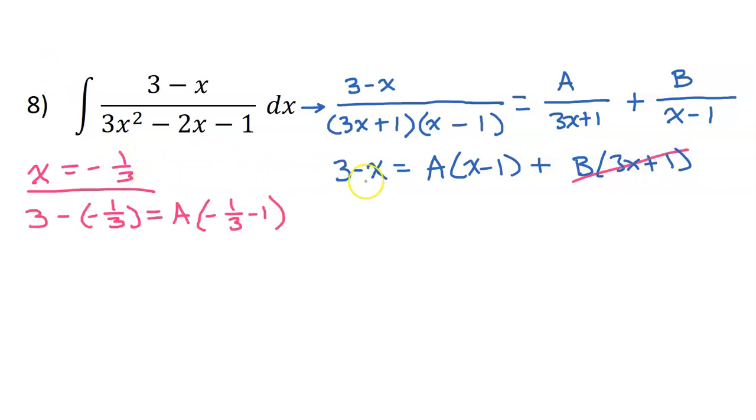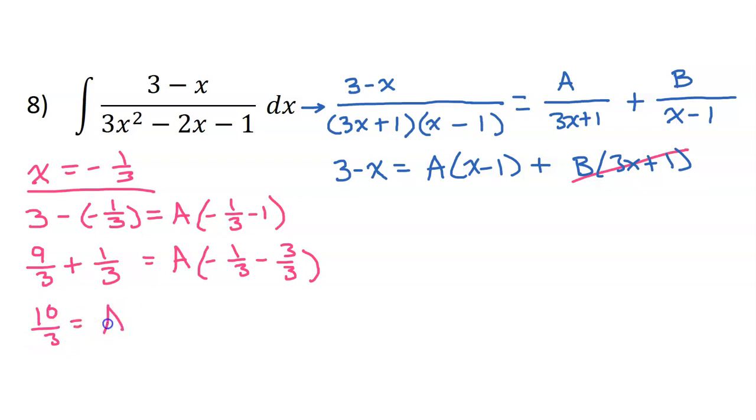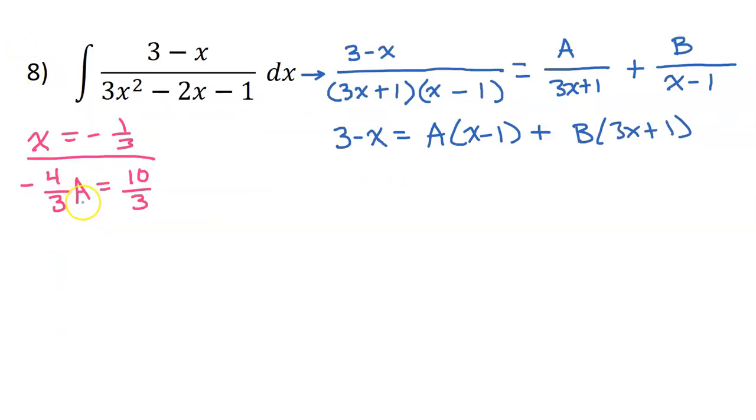Plugging -1/3 in for x here and here gives us this. 3 is the same as 9 over 3, minus a negative is a positive, and 1 can be written as 3 over 3. So on the left side we have 10 over 3 is equal to a times -4 over 3.